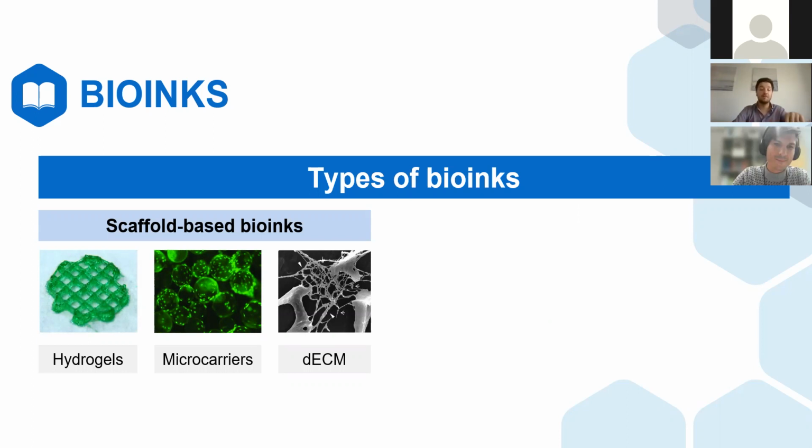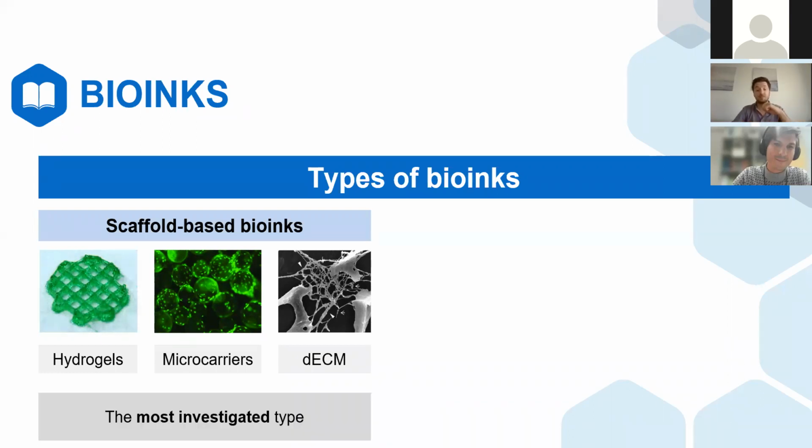We have microcarriers, and I would like you to take a good look at this because we will talk about them again later. Microcarriers are tiny particles. The cells will adhere to these particles, and so they will be adhering to a surface when they are printed. And then we have the extracellular matrix, in this case, decellularized extracellular matrix, which is also a very nice matrix for our cells. This is the most investigated type of bioink for 3D bioprinting applications.